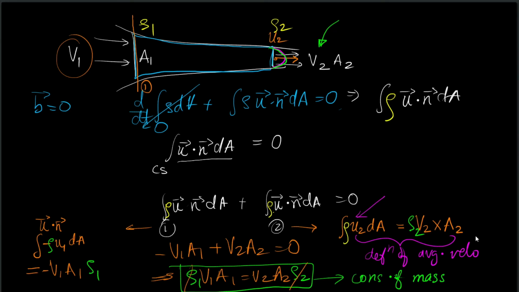Alright, let's proceed further to do another tank problem. In this case, we have a tank like this, which is open at the top, and rather than one inlet, we have two inlets.